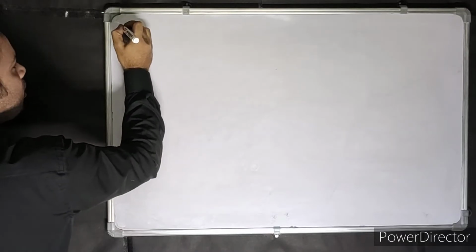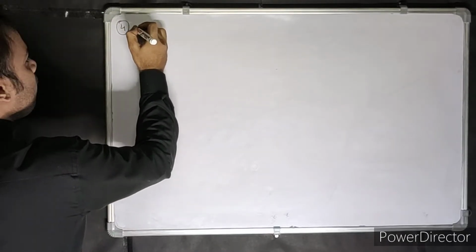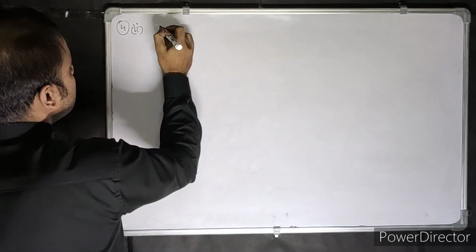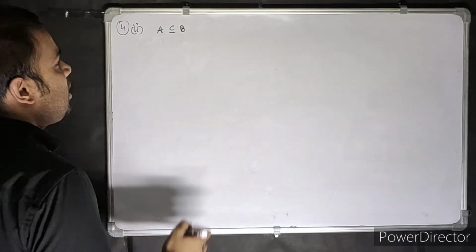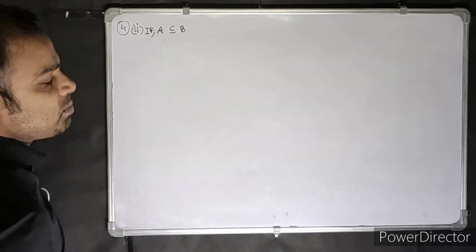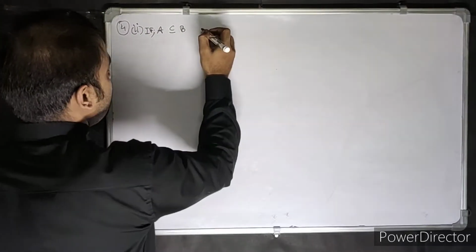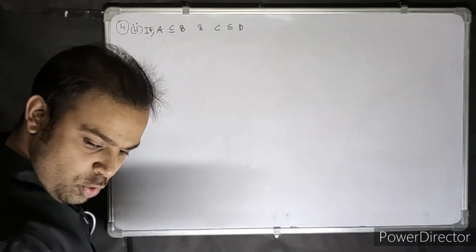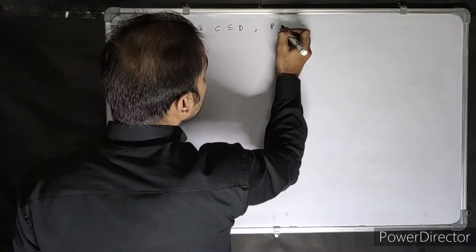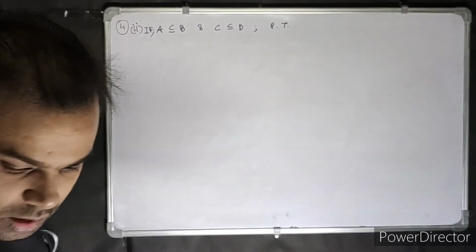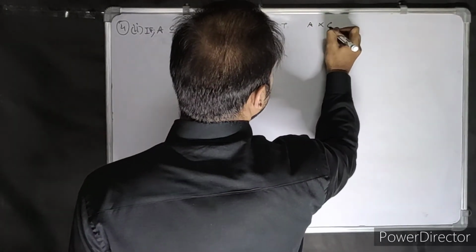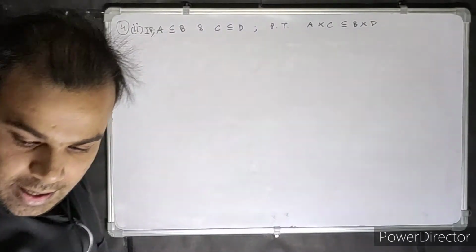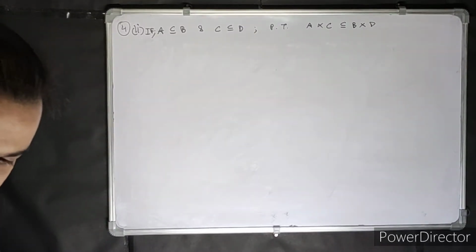Question number 4, part 2 is given as: if A is a subset of B and C is a subset of D, then prove that A cross C is a subset of B cross D.